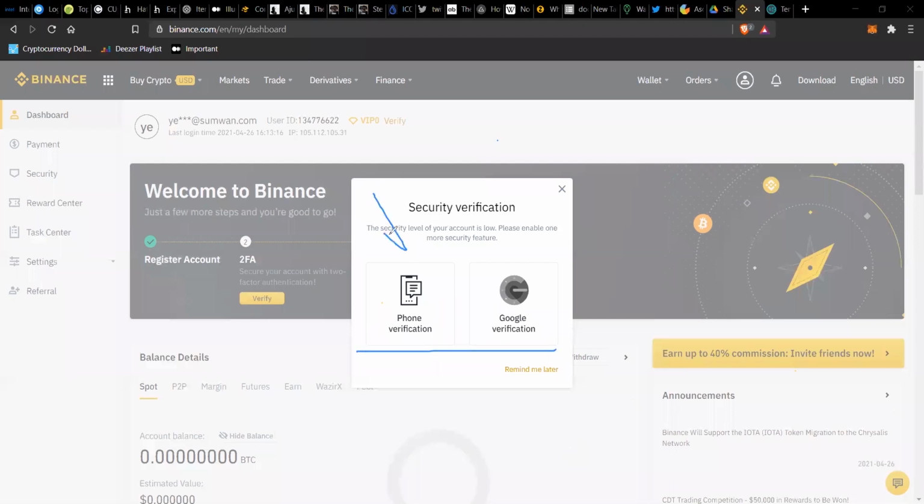Now, phone verification is if you want to log into your account, for example, they'll send a special code to your registered number. So once they send that code, it is such that nobody can access your account. You know, there's some people that save their passwords and their email on their browser, and then anybody has access to your phone.